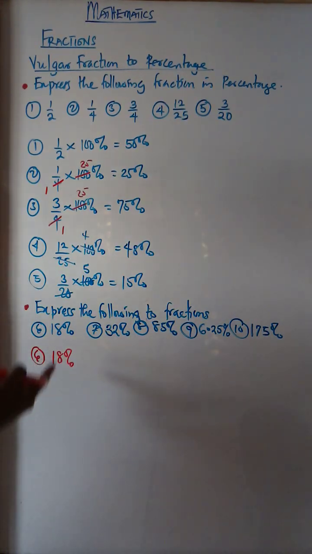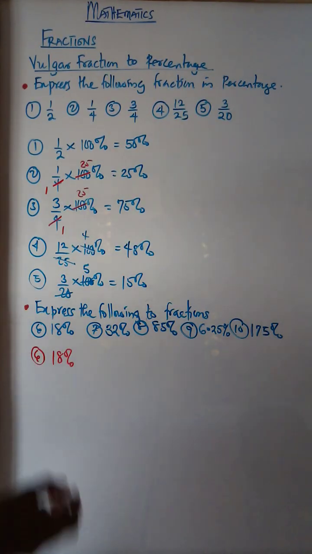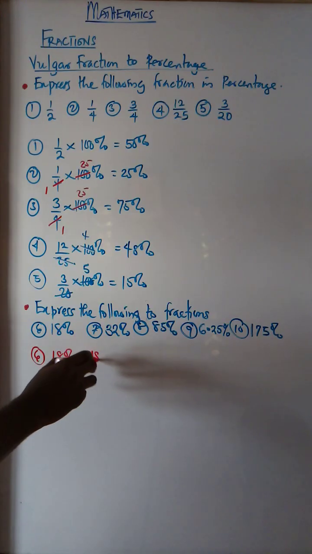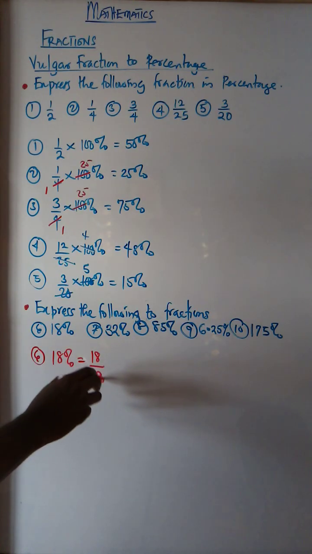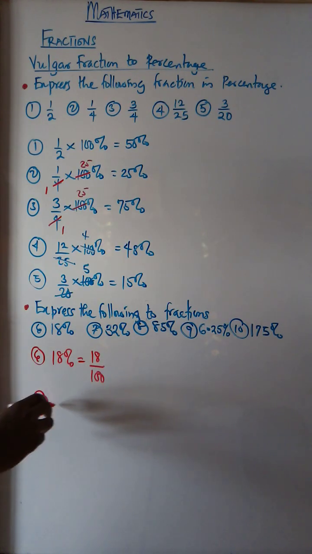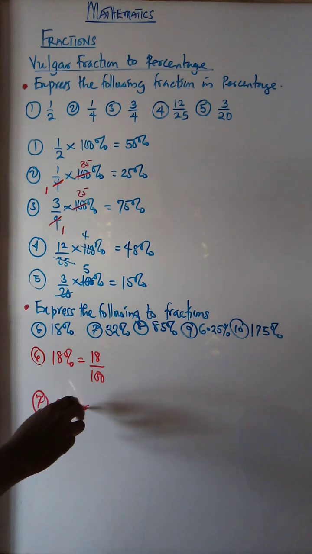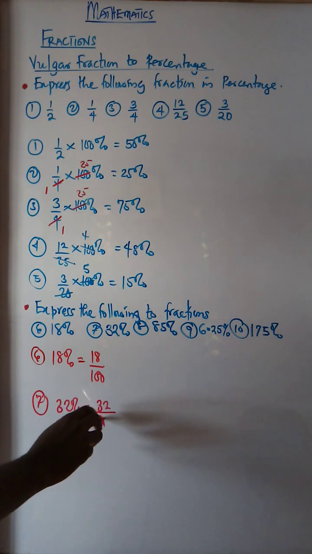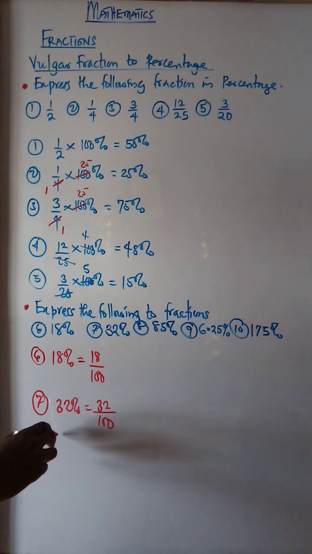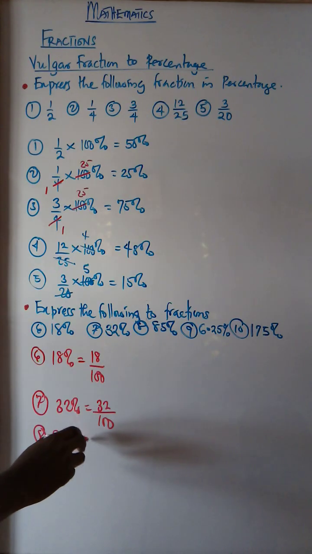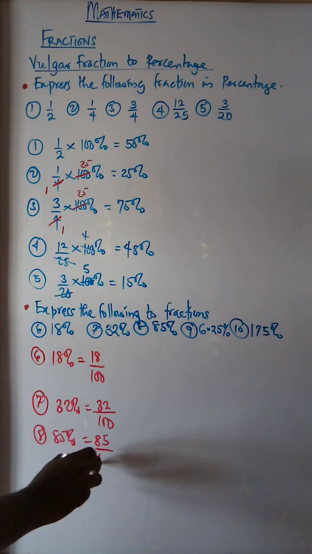And I told you, percent means out of 100. So 18% actually means 18 out of 100. For number 7, 32% means 32 out of 100. Number 8, 85% means 85 out of 100.